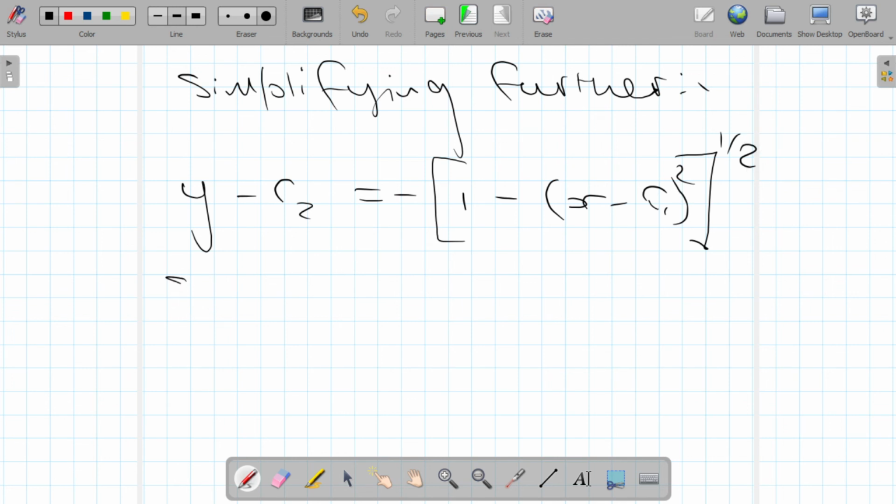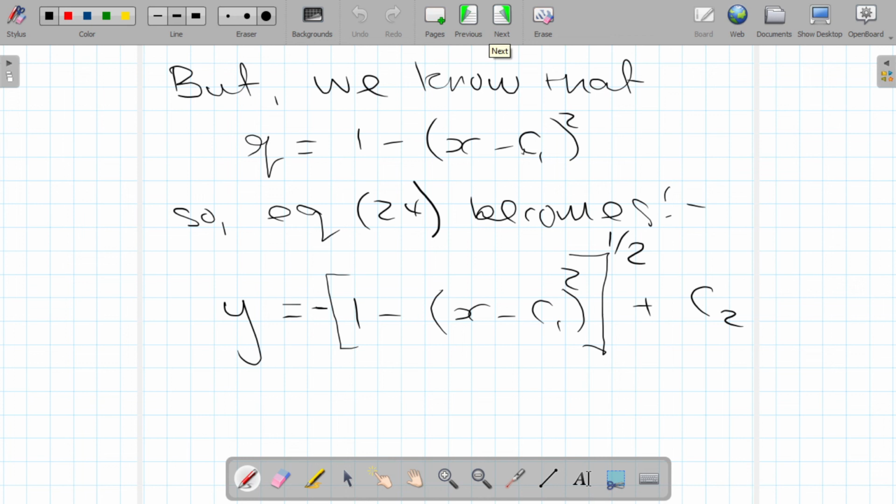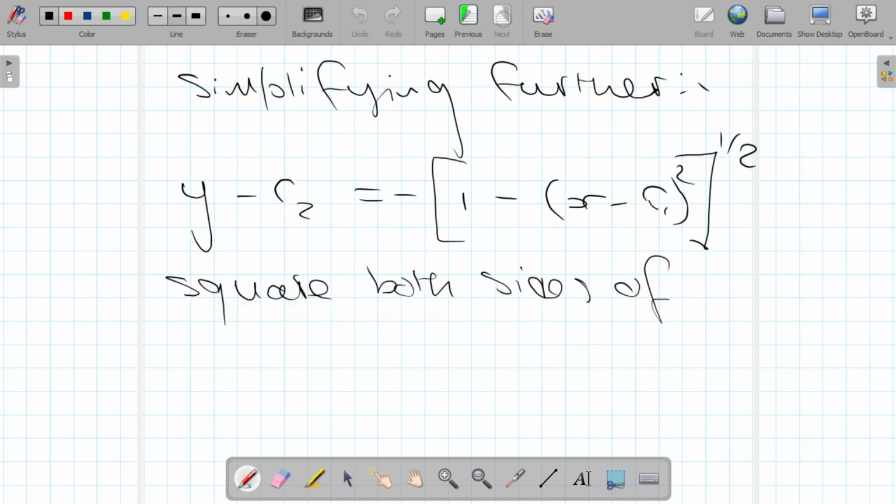Now, if you square both sides of, we will call it, what equation should we call it? 24, 25, 26.